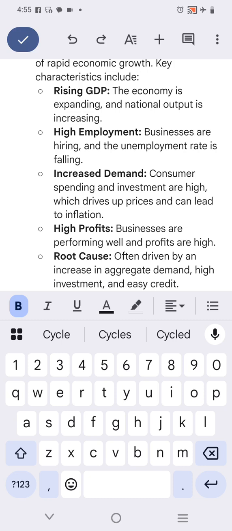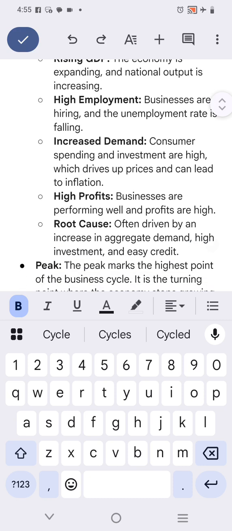High profits: businesses are performing well. Root cause: often driven by an increase in aggregate demand, high investment and easy credit.